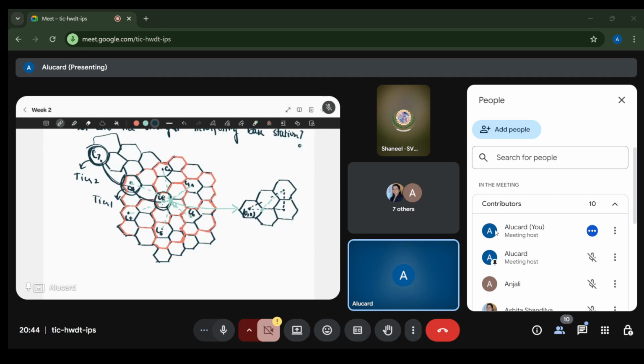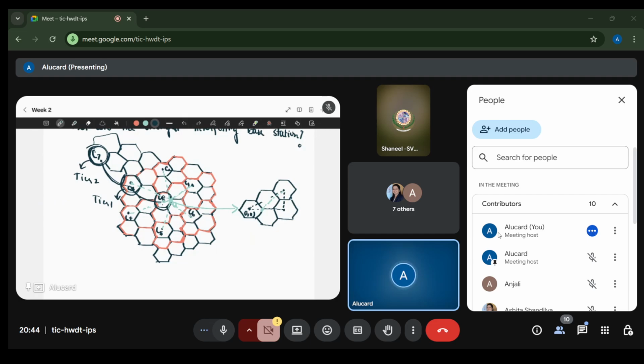This is for a hexagon, the side is equal to the radius. So this is R, this is R, this is also R. So it is at the point 3R.